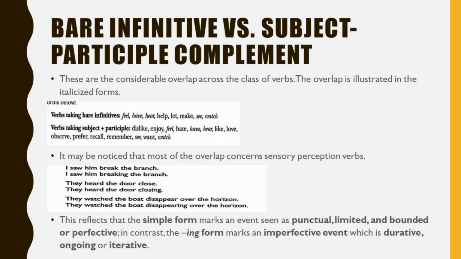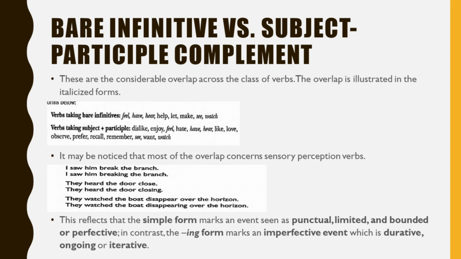The bare infinitive versus the subject participle complement. There is considerable overlap in the class of verbs that take bare infinitive complements and those that take subject participle complements. The overlap is illustrated in the italicized forms. It may be noticed that most of the overlap concerns sensory perception verbs.